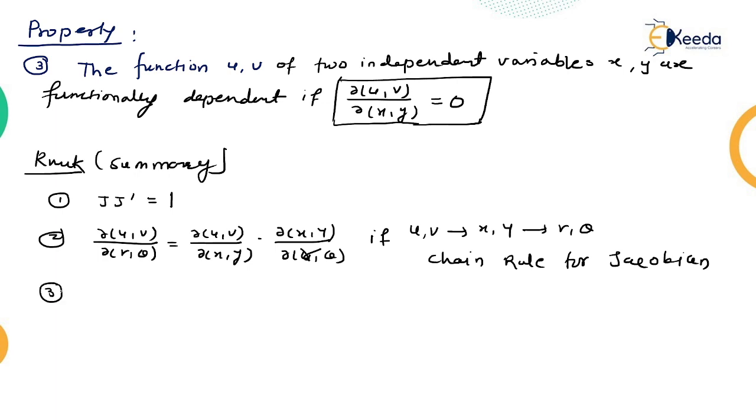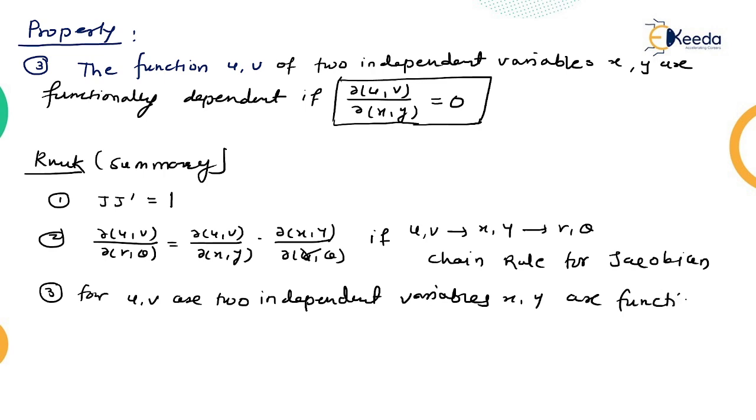Next and third property: the functions u, v are said to be functionally dependent. If u and v of two independent variables x, y are functionally dependent, there is a result.